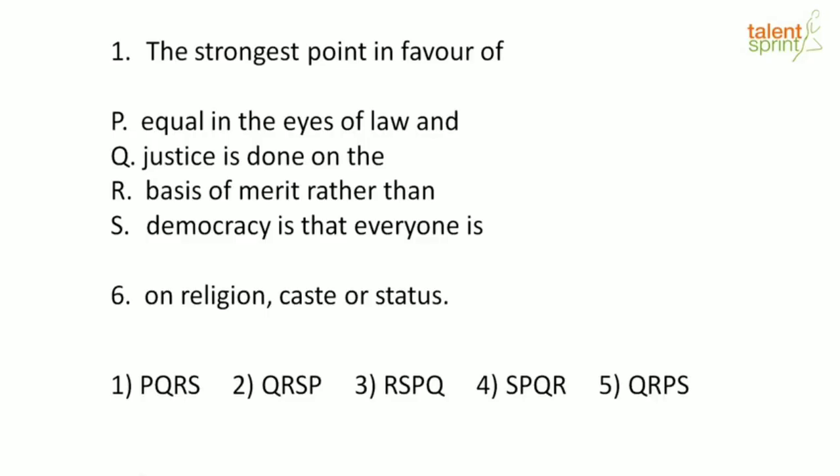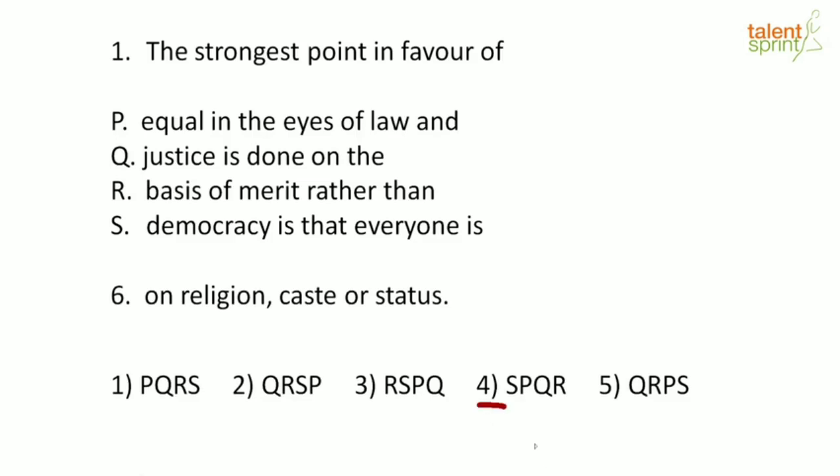So the strongest point in favor of democracy is that everyone is what? Equal in the eyes of law, and justice is done on the basis of merit rather than on religion, caste or status. So which is the sequence that gives you that? S. So that would be option 4, right?